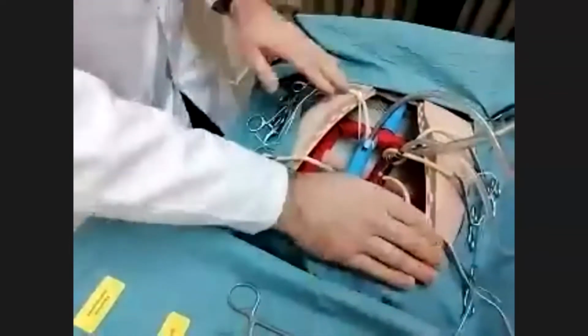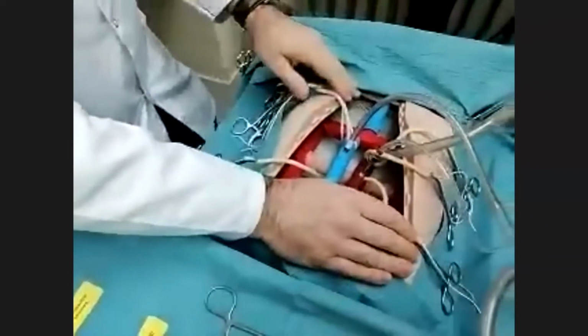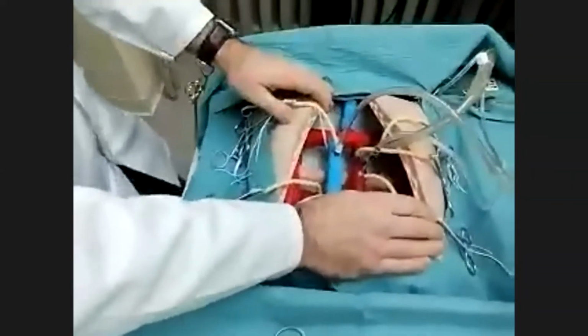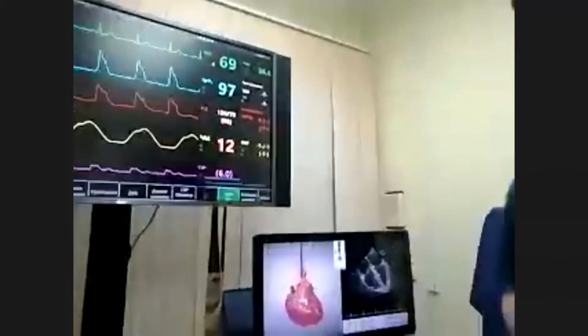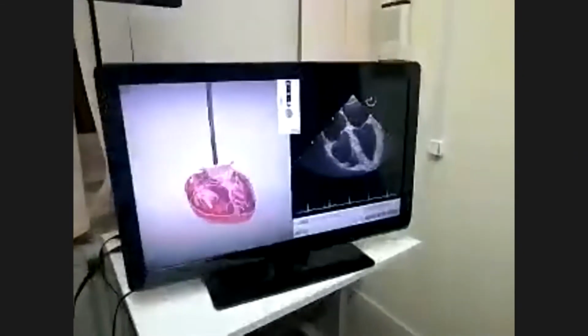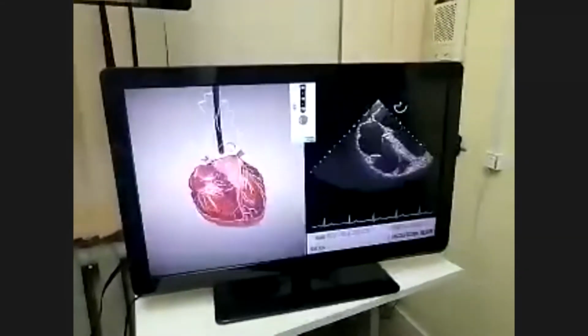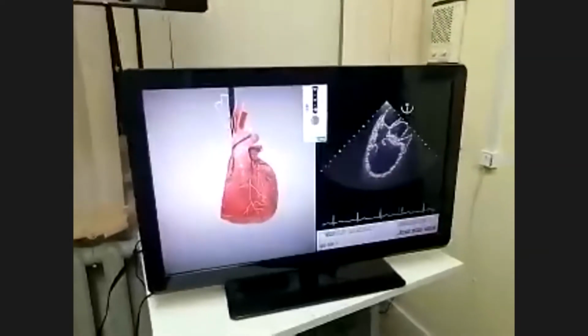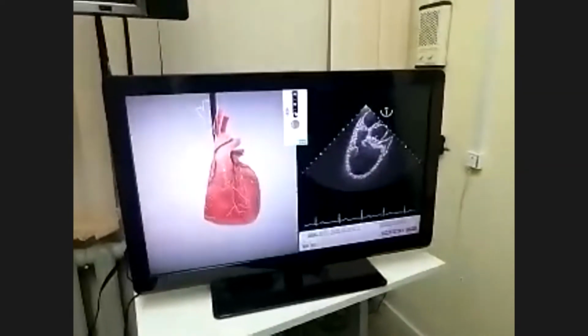Then I ask my anesthesiologist to give me a picture from echo. Please give us a picture. Now we can see the beating heart in the 4-chamber projection. No air in the left side of the heart, you can see no bubbles.